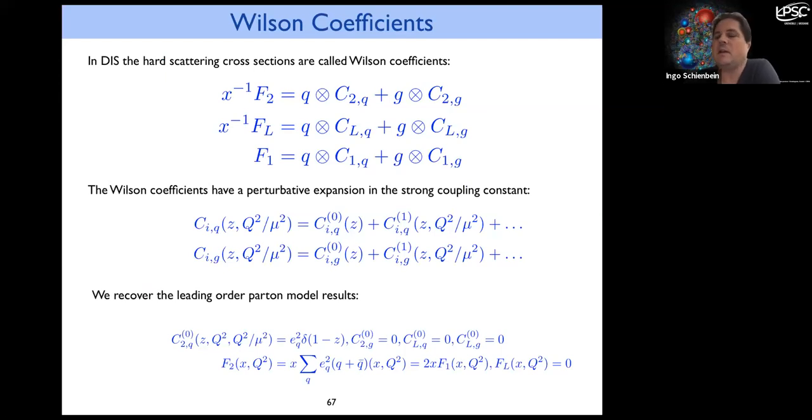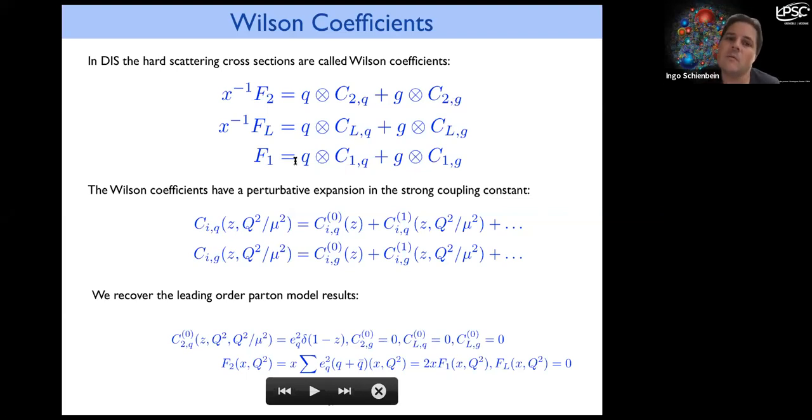So in deep inelastic scattering, the hard scattering cross sections are called Wilson coefficients, and then the parton model formula for F2 would look like the quark distribution convoluted with a Wilson coefficient C2 quark plus a gluon distribution convoluted with the Wilson coefficient C2 gluon, and so on.